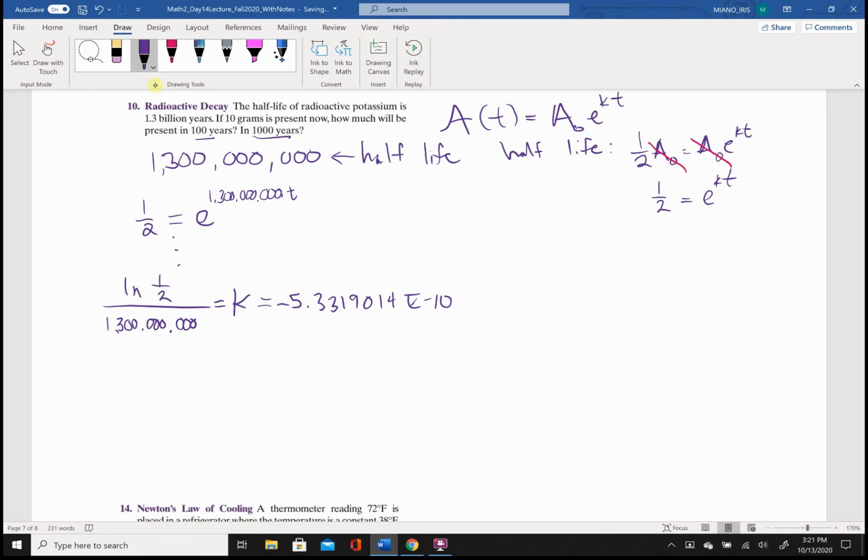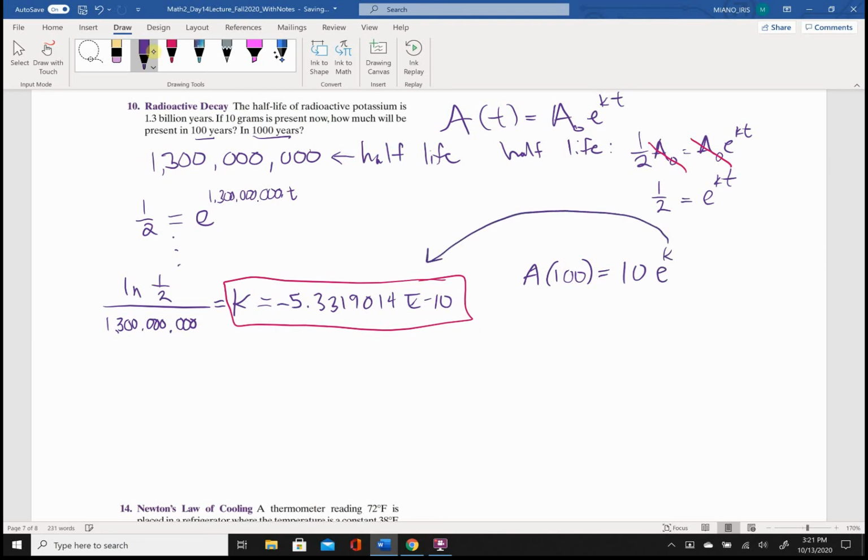So keeping into account this k value, I'm going to box that up in this magenta color, because I'm still going to use k as a variable. I'm not going to rewrite this number down every single time. The 100 year scenario is going to look like this. There were 10 grams to begin with, that's our A sub naught, times e to the k, which I'm just going to point to, times 100.